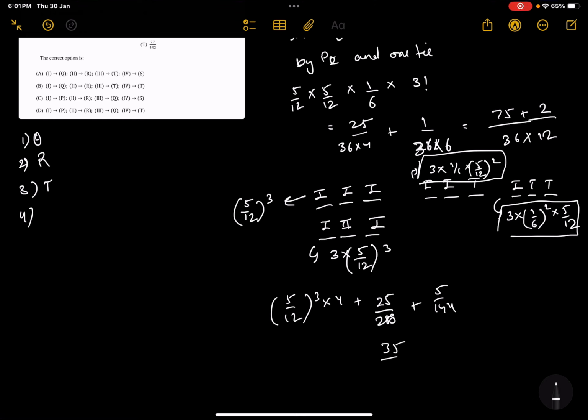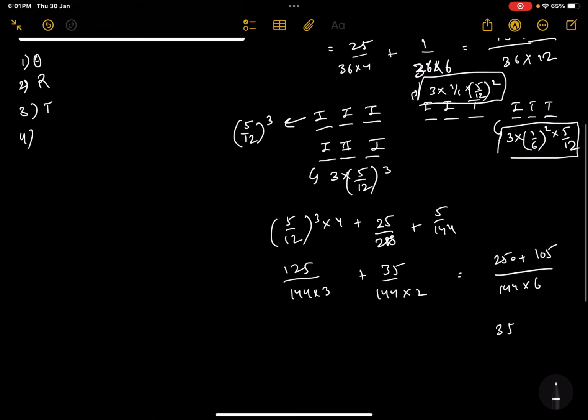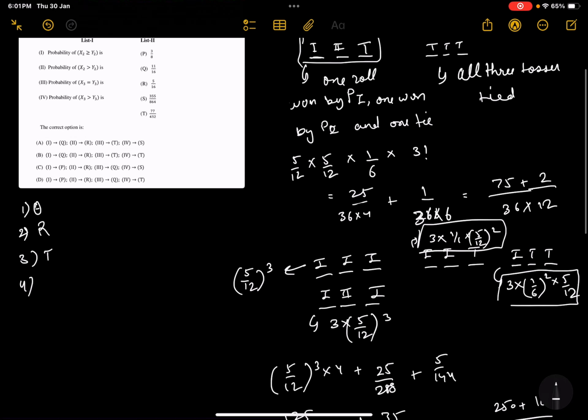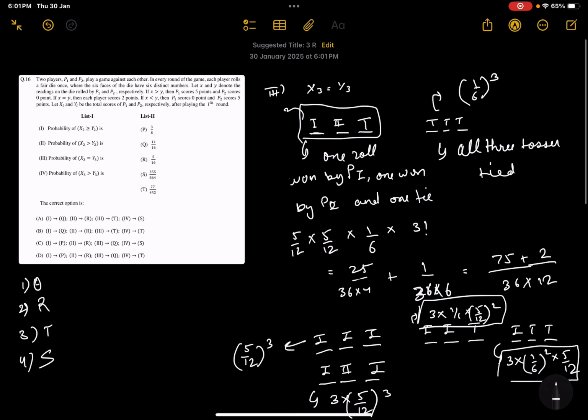This is 35 by 288 plus 125 by 144 into 3, this is 144 into 2, 4 into 6, 50 plus 15. This is 355 by 864. So yes, the answer is option A. This was a long question, but fairly straightforward, simple permutations and combinations and probability.